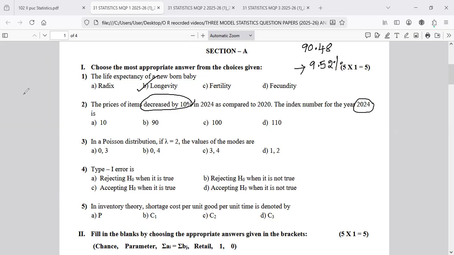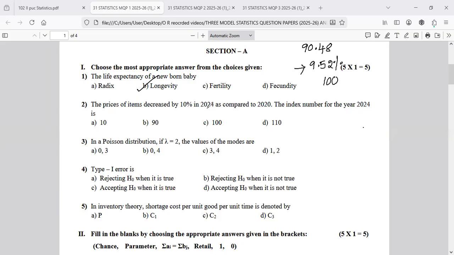But according to this problem, they asked 10%. The base year index number is 100 only, correct? Base year is 2020, current year is 2024.